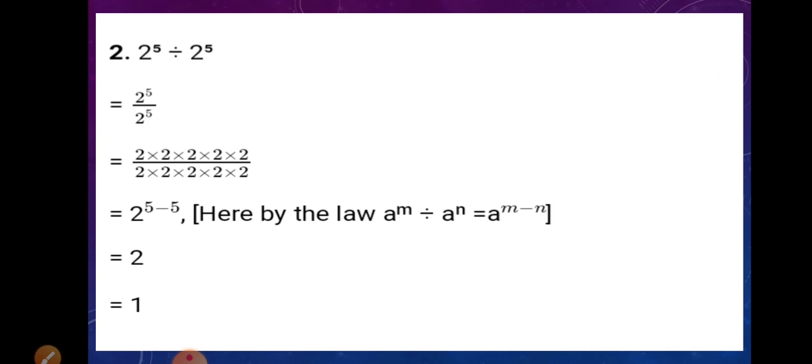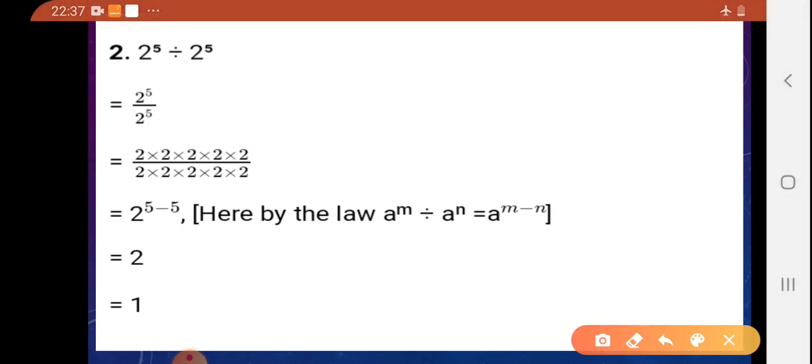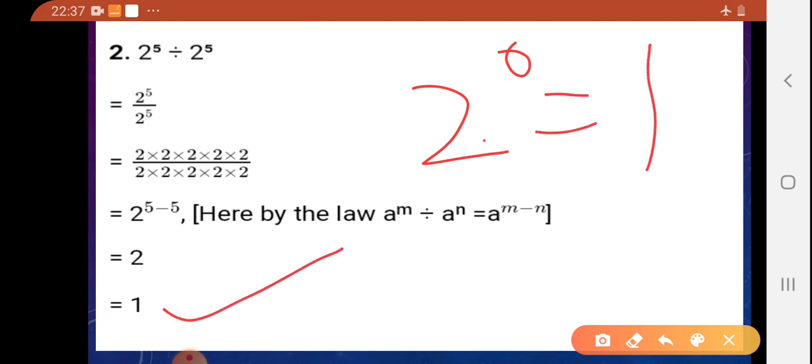The base is the same, so the powers will be subtracted. When the powers are subtracted, it will come 2 to the power 0, and any number to the power 0 gives out 1. The answer will be 1.